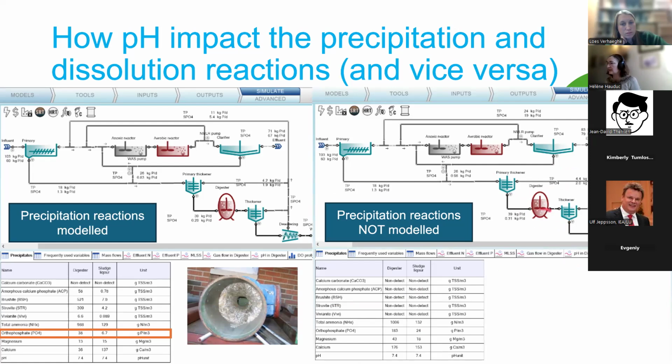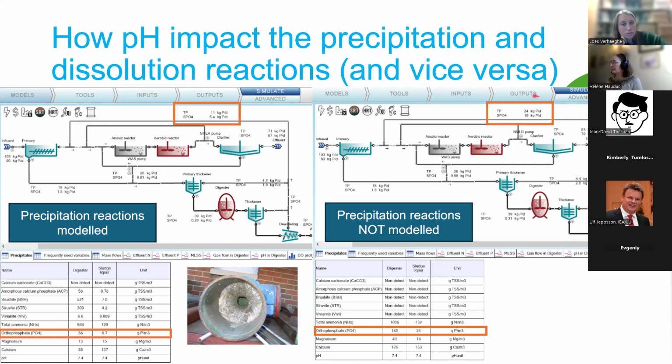The precipitations are always calculated in the digester. You will see why. So in this second simulation, without any precipitation, we now have almost 200 grams of phosphate per cubic meter.